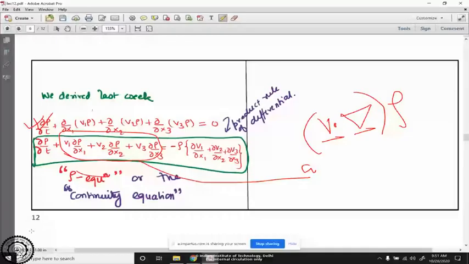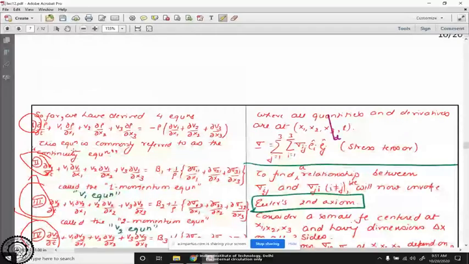Since it represents the advection operator and has a physical meaning, which I have discussed earlier, we prefer rewriting the mass conservation equation in this form, in which the advection and partial derivative terms remain on the left, and whatever is remaining we take on the right hand side. This equation is also called the continuity equation. The mass conservation equation is also called the continuity equation. You can also call it the rho equation because it is the governing equation for density.